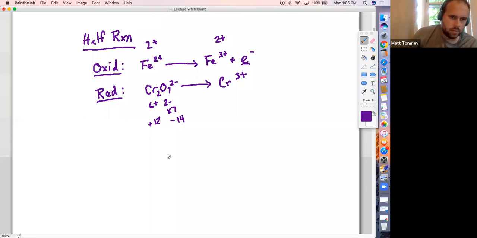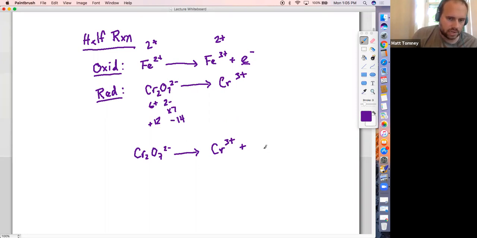Now the reduction is going to be more complicated here. So for the reduction, I'm going to start by balancing the oxygen here using water. So I'll rewrite this and I'll say Cr2O7 2- is going to go to Cr3+ plus how many waters do I want to balance out the oxygen?